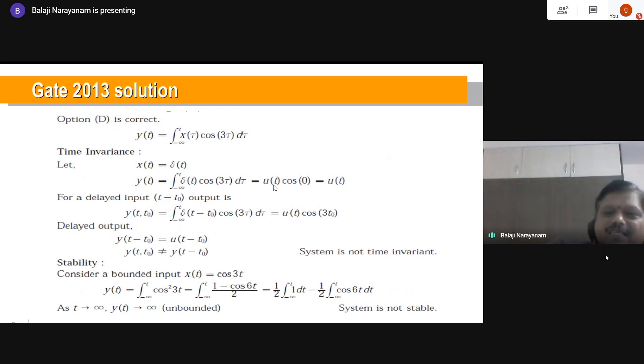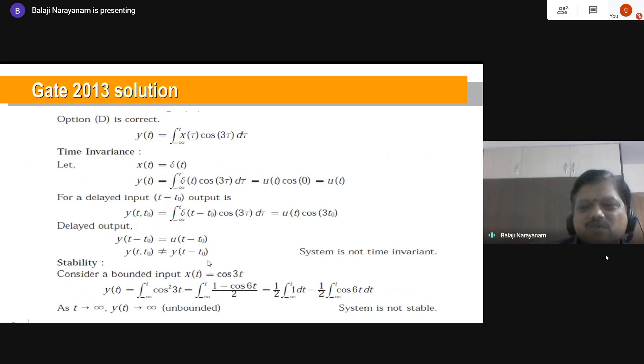u of t cos 3 tau d tau, or cos 3t, and you may substitute the value of t as 0. If we substitute the value of t as 0, cos 0 will result in a 1, and we got y of t as u of t. Now, for a delayed input, that means t minus t naught, we may say y of t comma t naught. Now, delay our input also, that is delta of t minus t naught cos 3 tau d tau.